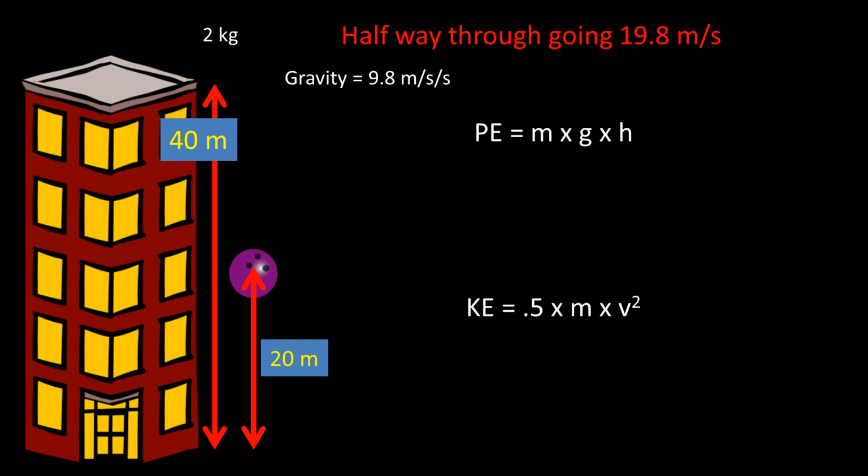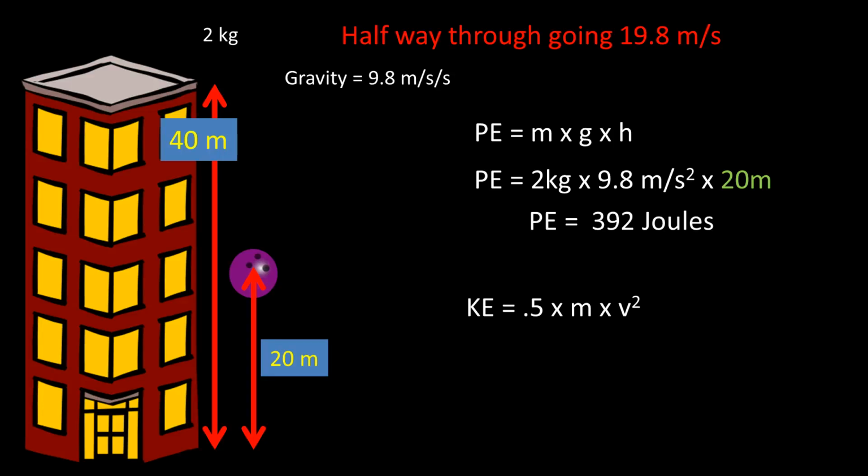So potential energy is going to be the mass, which is again 2 kilograms, times the acceleration, which is 9.8, but now it's times 20 meters because now it's only 20 meters above the ground. And so we have a potential energy of 392 joules.